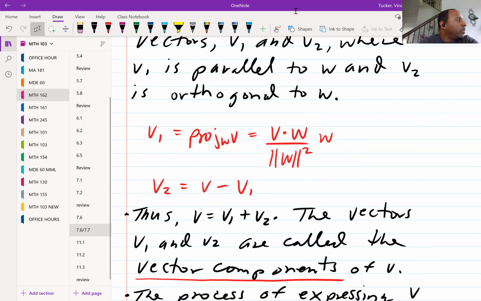So V is actually going to be equal to V1 plus V2. The vectors V sub 1 and V sub 2 are called the vector components of V.